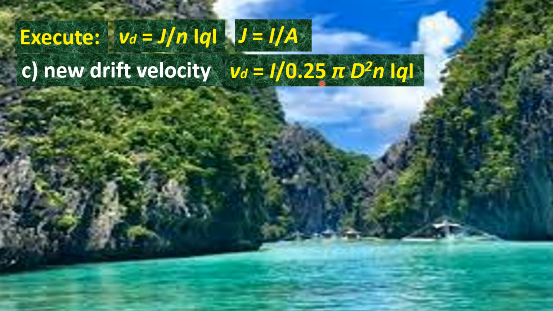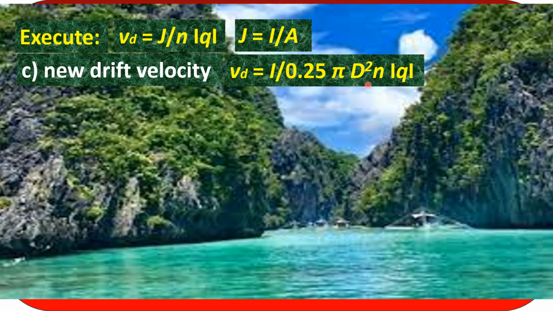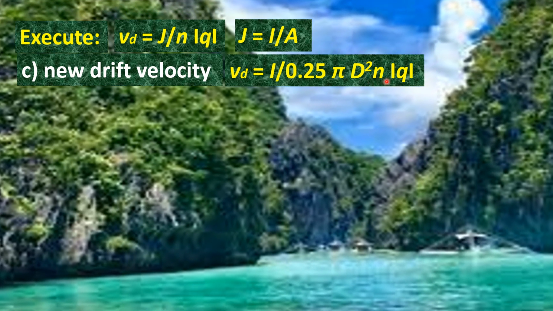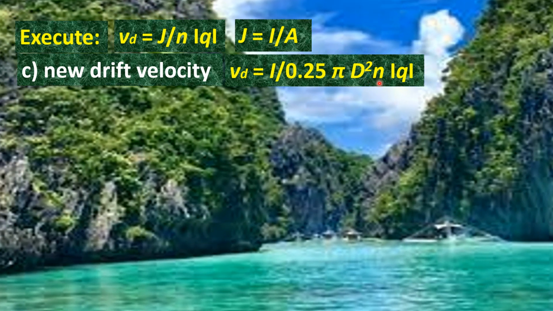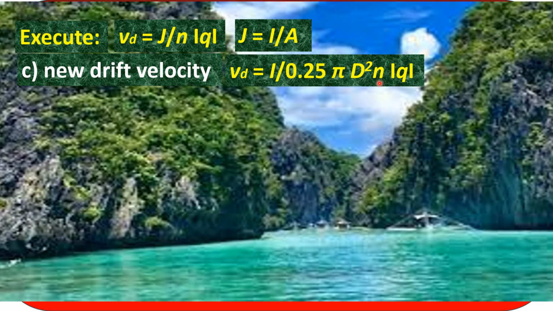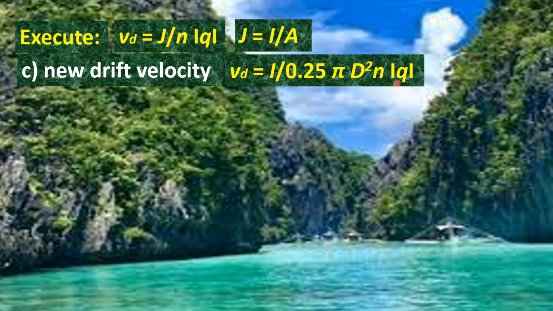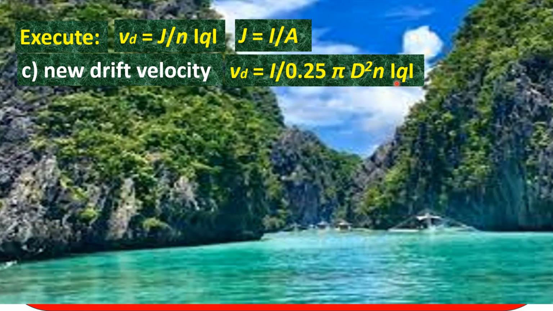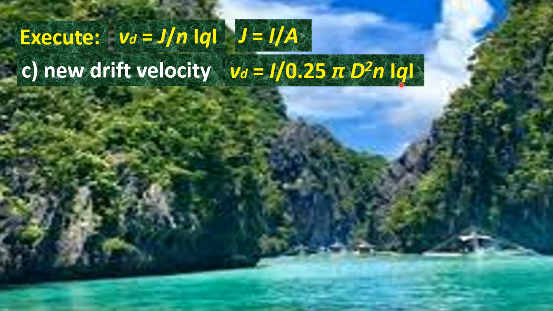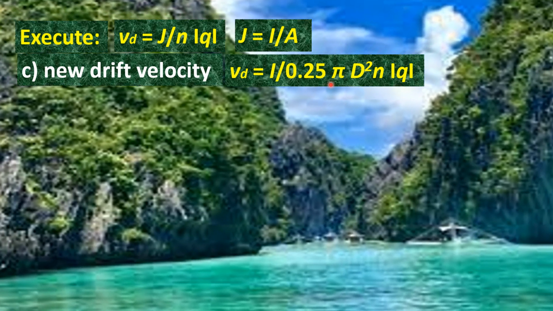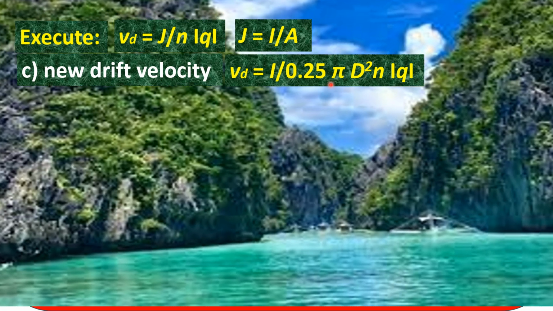But that is to be multiplied first by the product of n, which is the density of the free electrons, and the absolute value of the charge of an electron, q.